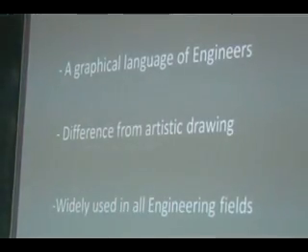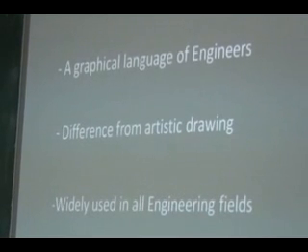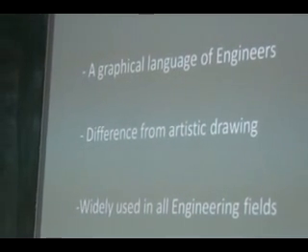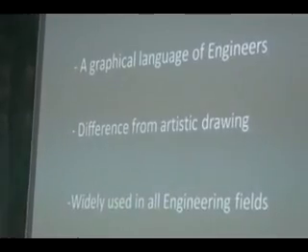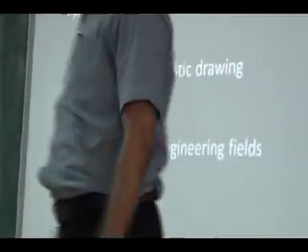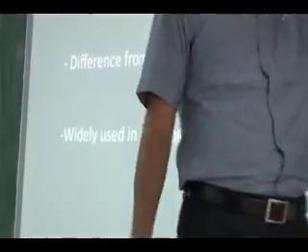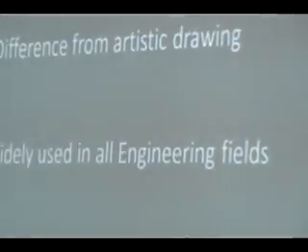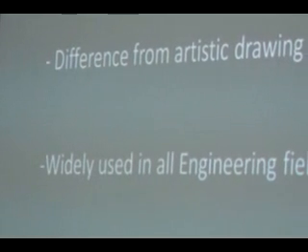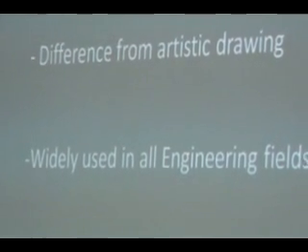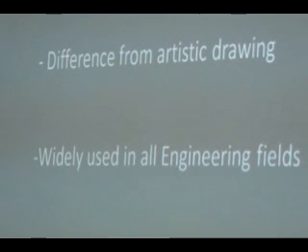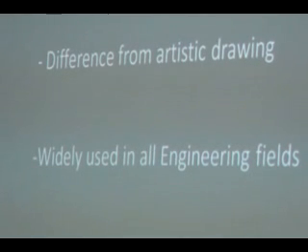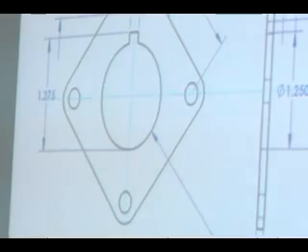The component which you have visualized can be made. So for a component to be realized, the very first stage is to prepare an engineering drawing for that. As I told, it is commonly used in almost all the fields of engineering. That's why it is a general subject for all engineers, in your first semester itself.